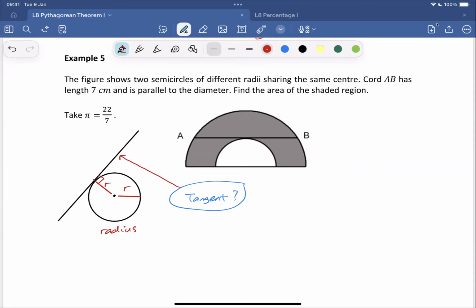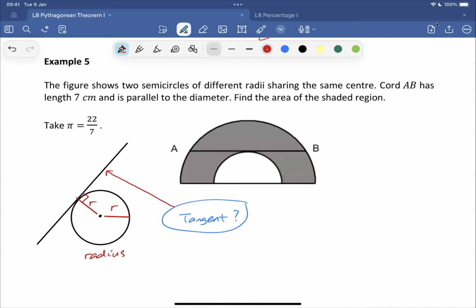Okay, so Kyla, come. Let's take a look at the question. First, we are going to take a look at the smaller semicircle. Do you agree that, just imagine that the semicircle is part of this circle. So can I say that this is the center of the circle?